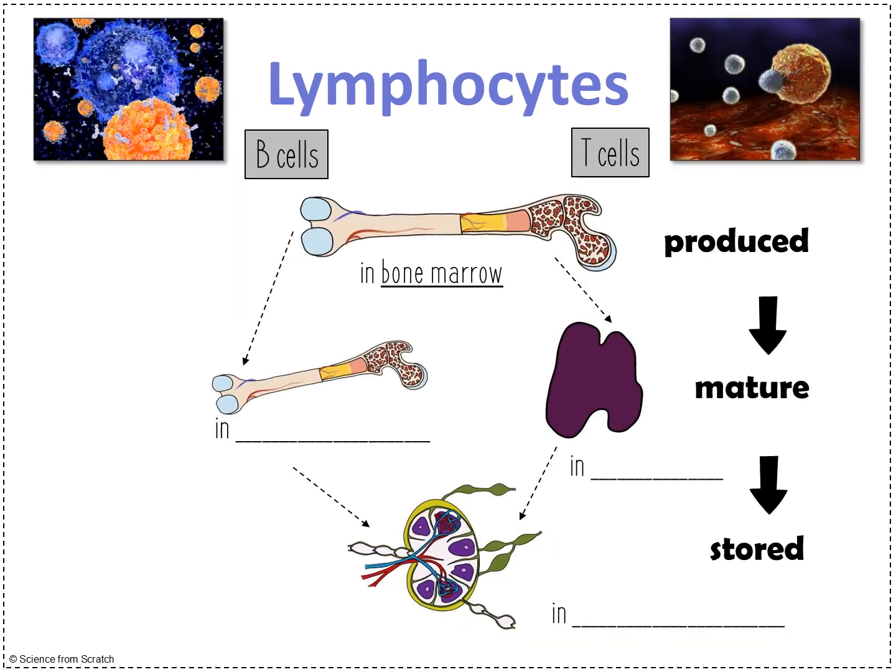So the bone marrow has stem cells, and the stem cells will produce the different types of blood cells, including lymphocytes. All lymphocytes will start out in the bone marrow. B cells will stay in the bone marrow and they will mature and become immunocompetent in the bone marrow.